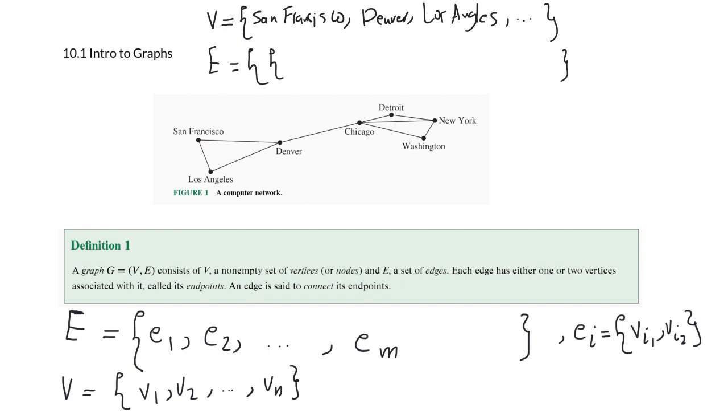We can represent them, as I said here, by sets of two vertices. So let's say, for instance, San Francisco and Denver is an edge, and then we have another edge, which is Denver, Chicago, and so on and so forth.